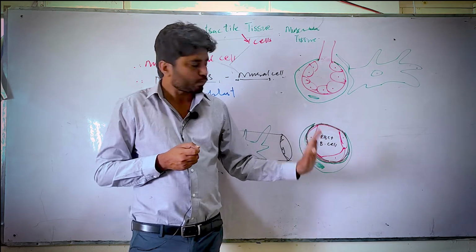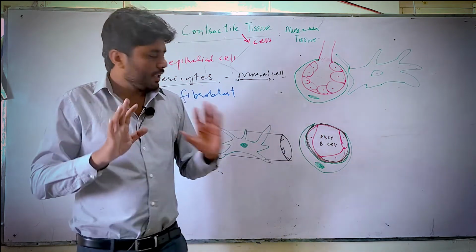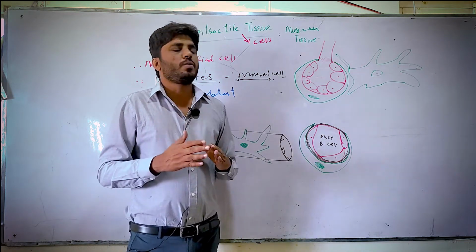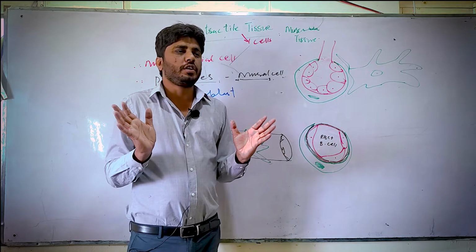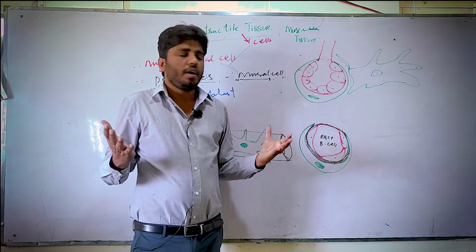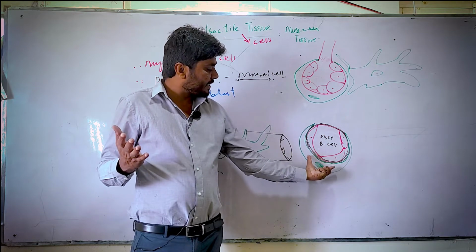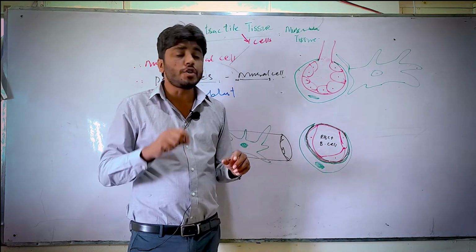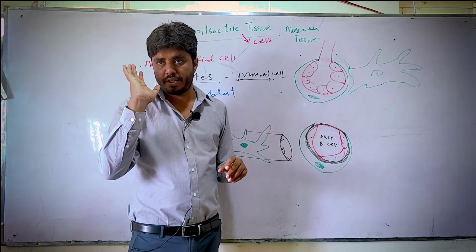That's clear. Now, when you want to classify something, you look for the origin of that cell. When you look at the origin of this cell, you will be surprised: pericytes have heterogeneity in origin.